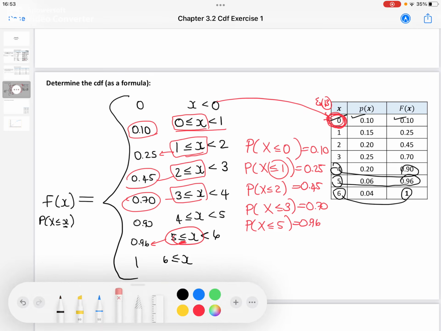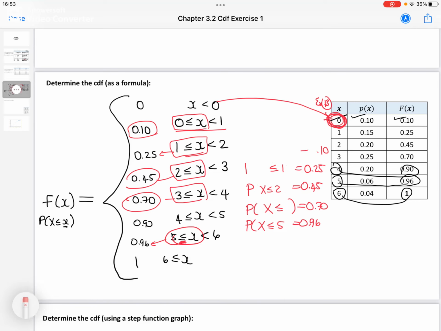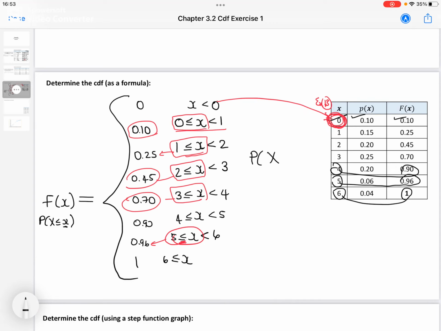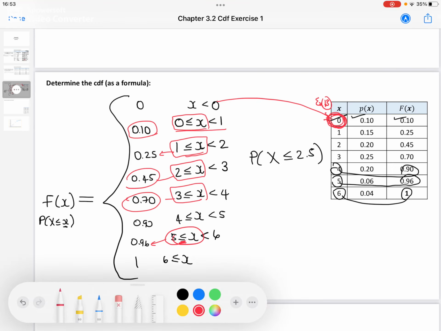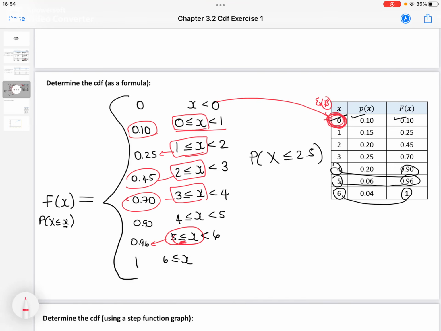Now, if we're given intervals, then we can calculate the cumulative probability of any possible value, right? So let's say we're looking at the value 2.5. What is the probability that x is less than or equal to 2.5? Every time we calculate these types of probabilities, think of the possible values of x that are less than or equal to 2.5.